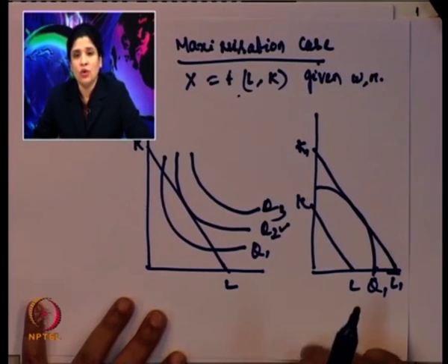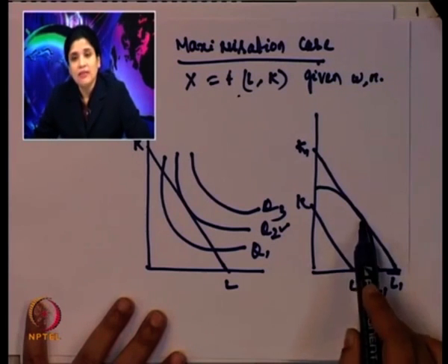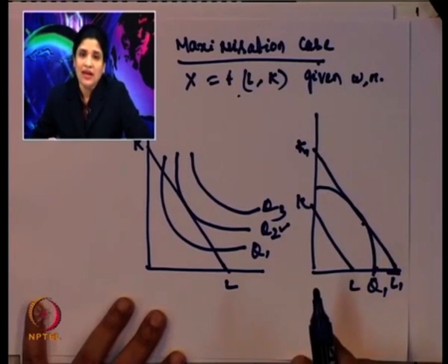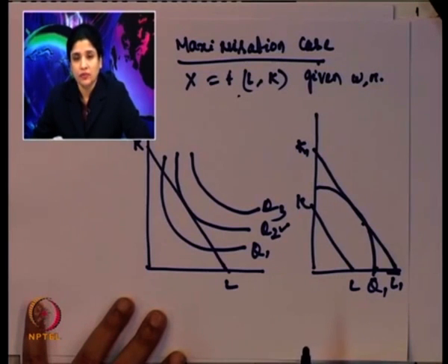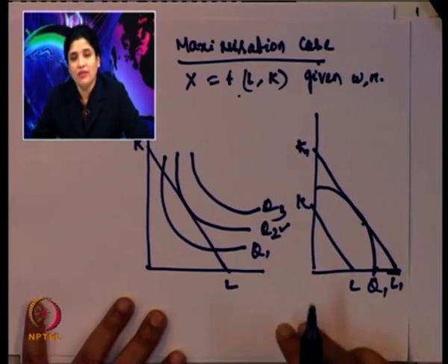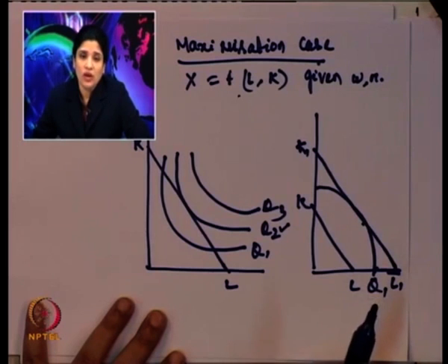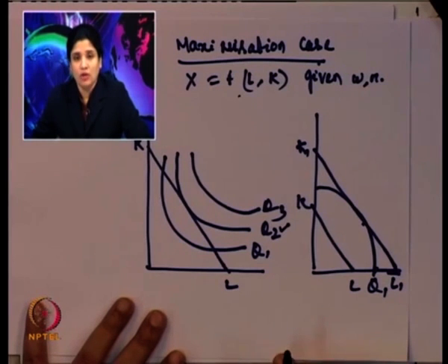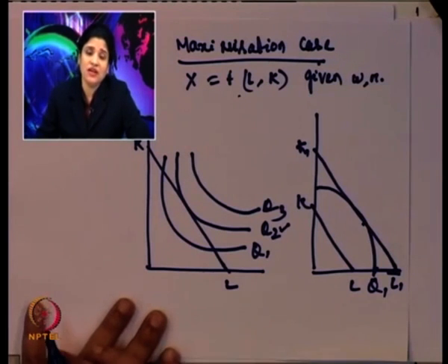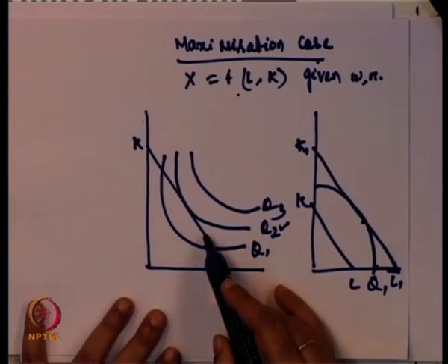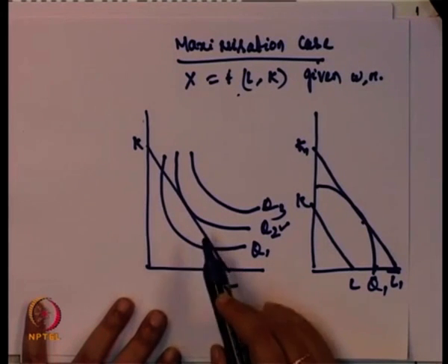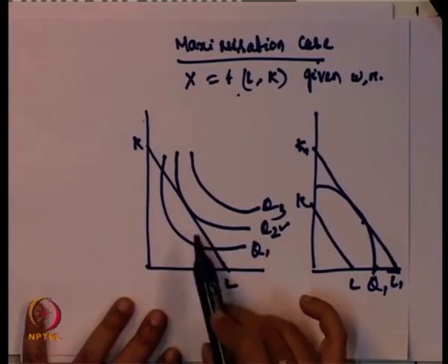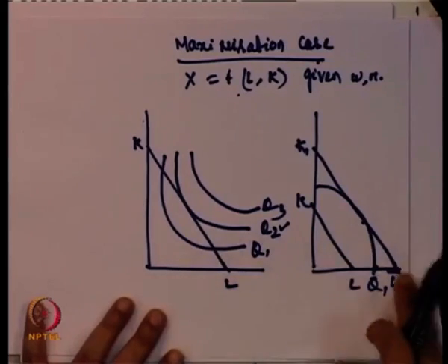Even with the same isoquant, they are able to achieve the combination, but moving from one point to another they are using more of both inputs while producing the same level of output, which is not input efficient. That is the reason in the maximization case, the maximum output level can be achieved with the isocost line given, or in terms of the cost given.